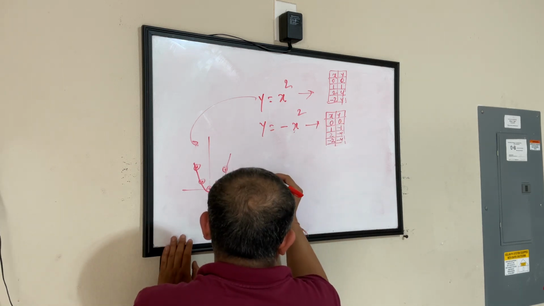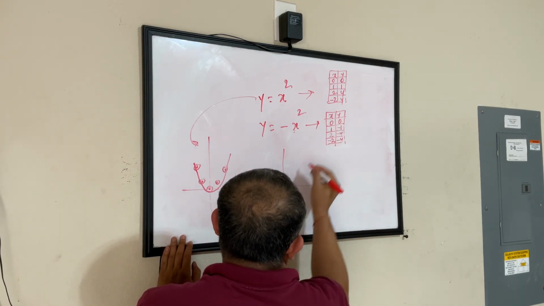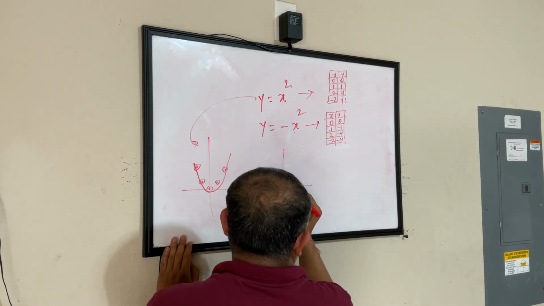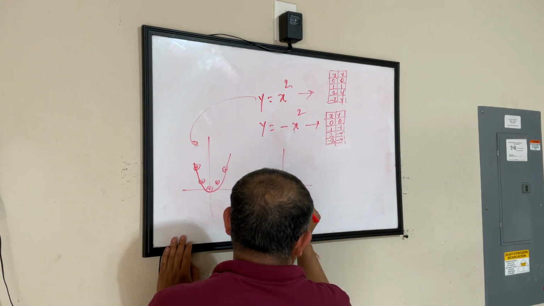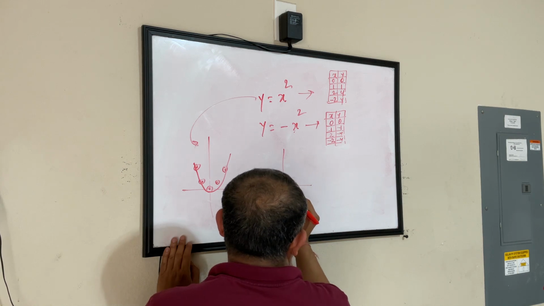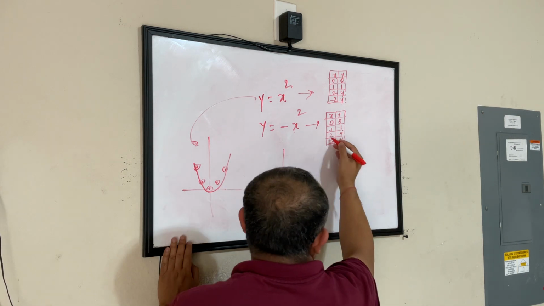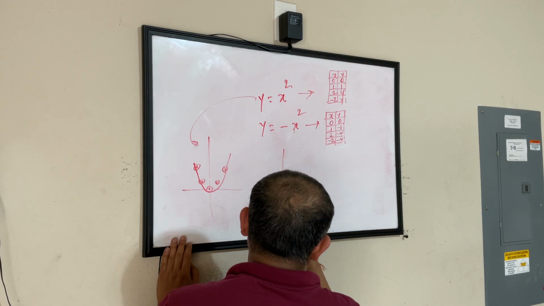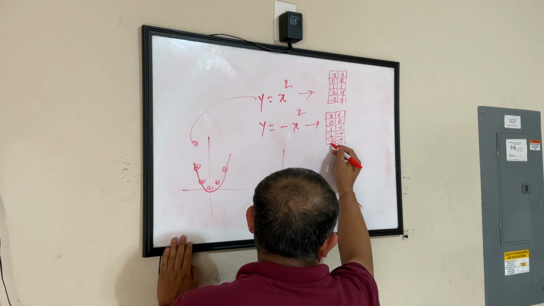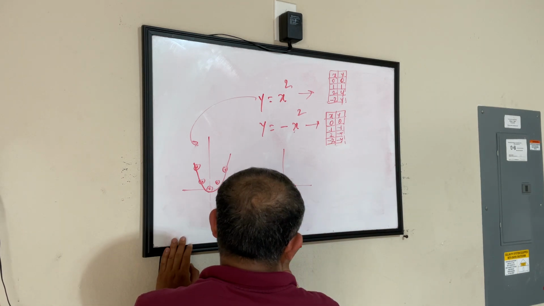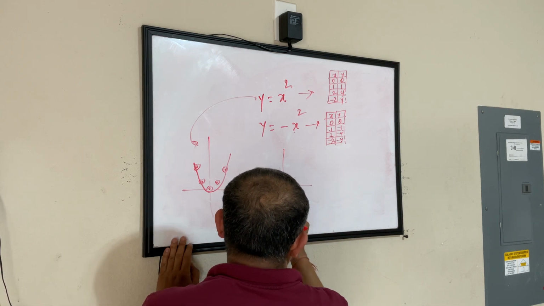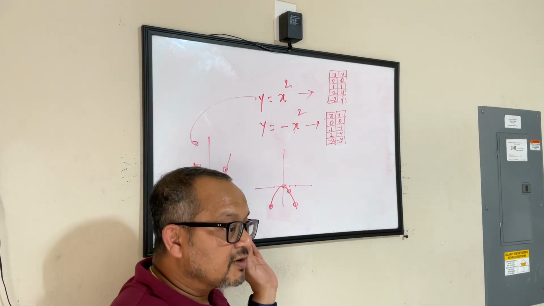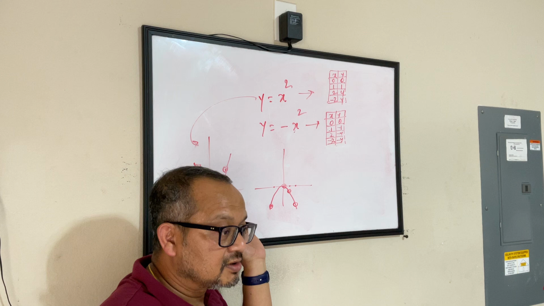Look at this one, starting from 0, 0, wonderful. X is 1, y is minus 1, so this became my second point. When x is 2, y becomes minus 4. When x equal to minus 2, here y became minus 4. See? My parabola flipped. All the water I had in this bucket fell down.